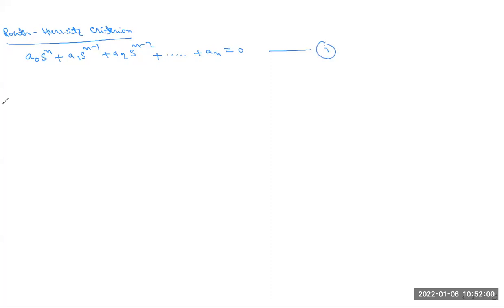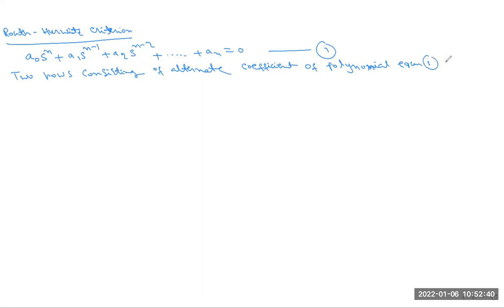We know that. So now the two rows consisting of alternate coefficients of polynomial equation 1 are formed as: a0, a2, a4, a6 dot dot dot.